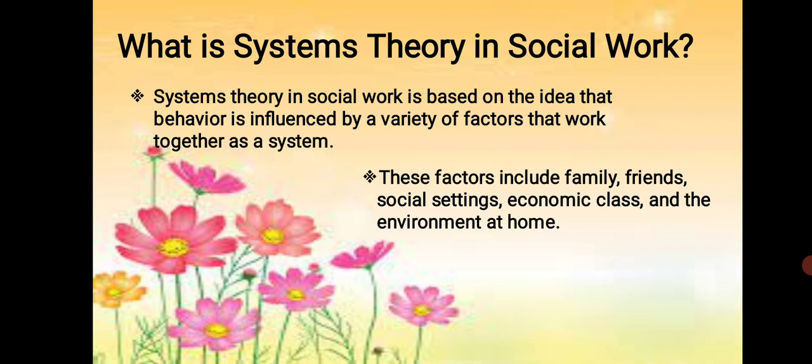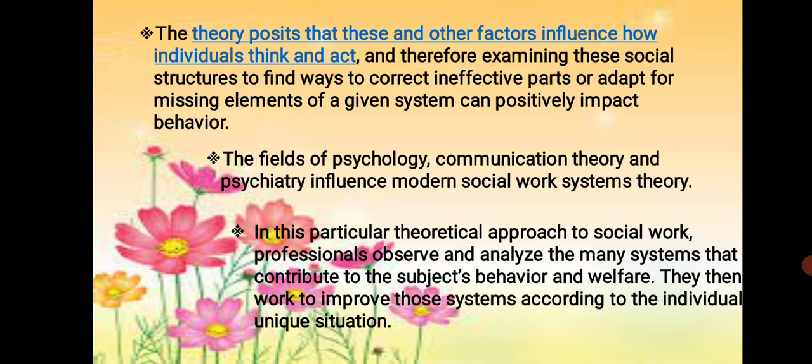Systems theory in social work is based on the idea that behavior is influenced by a variety of factors that work together as a system. These factors include family, friends, social settings, economic class, and the environment at home.